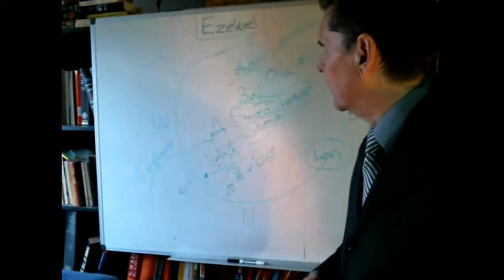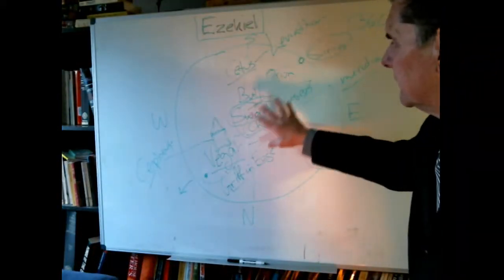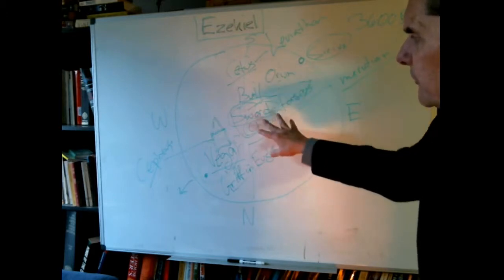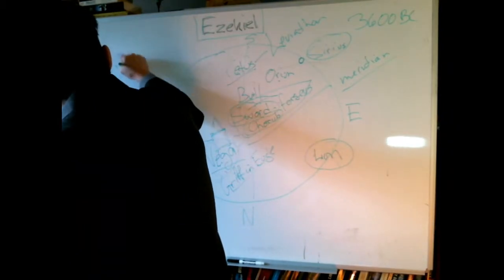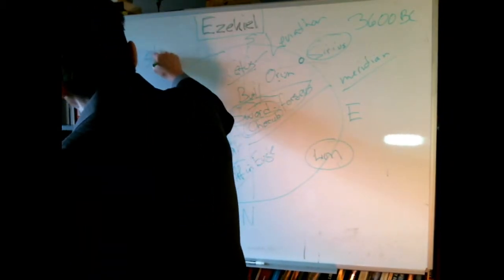So tomorrow we'll pick up again. This is a very brief overview, but the main takeaway is this: that the night sky of atonement is the basis for the cherubim.